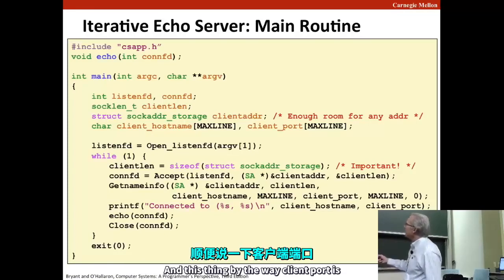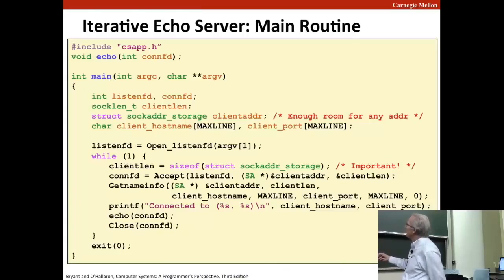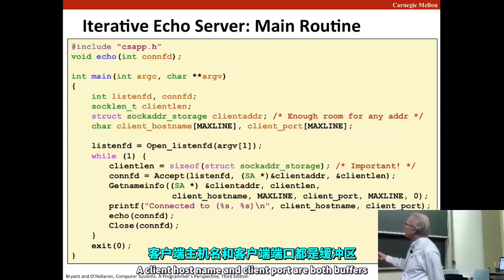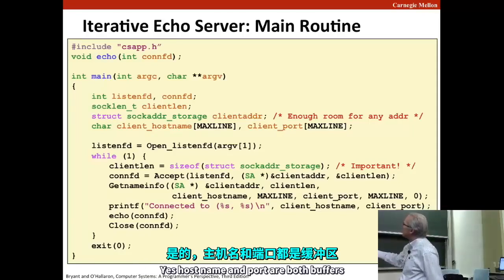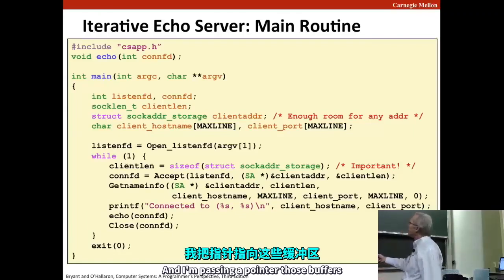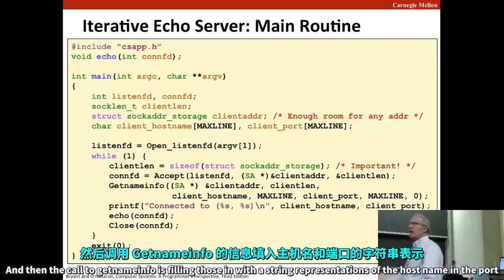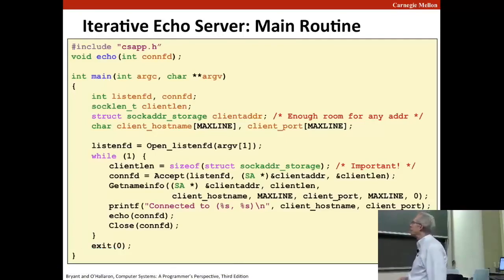And this thing, by the way, client hostname and client port are both buffers. Yes, hostname and port are both buffers, and I'm passing a pointer to those buffers, and I'm passing their length, MAXLINE, and then the call to getnameinfo is filling those in with string representations of the host name and the port.